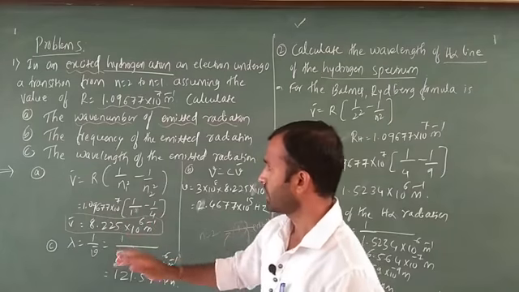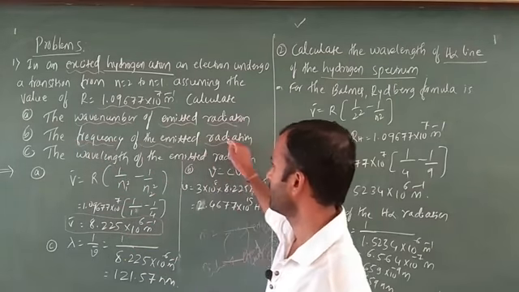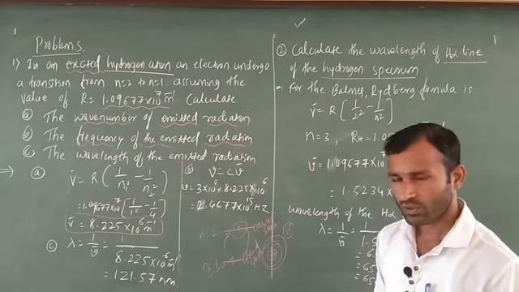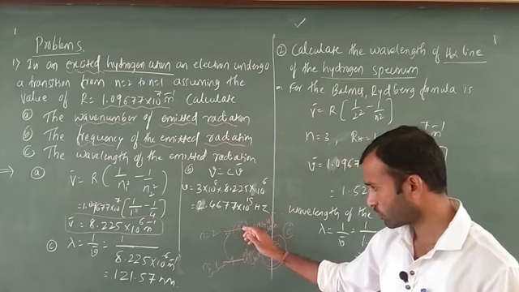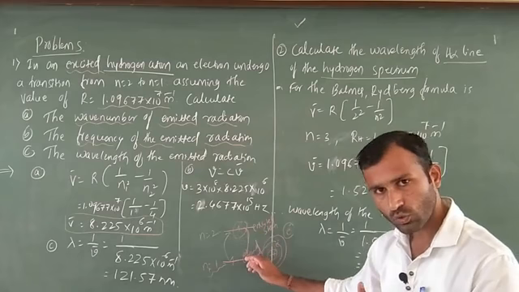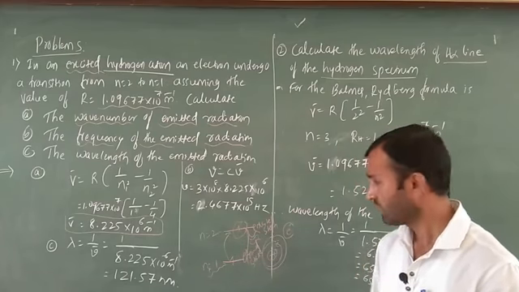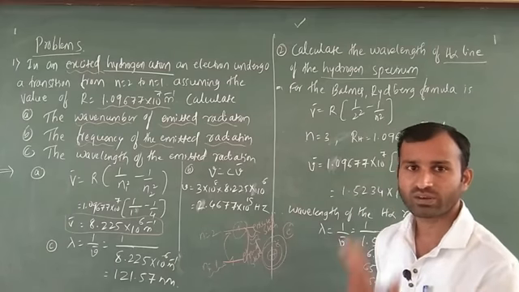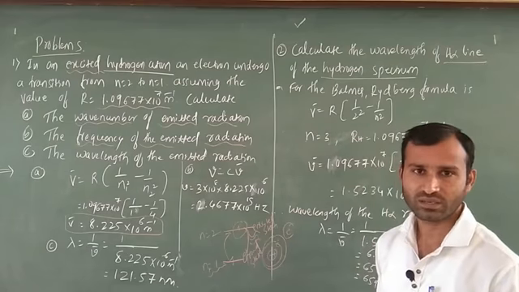Next, the second one, the frequency of the emitted radiation. You know what they are asking. This is the excited state, this is the ground state. The electron moves from higher energy to lower energy. It starts emission of radiation. These radiations have a wave number, wavelength, frequency. I told you in the last video, no. That is what we have to calculate.